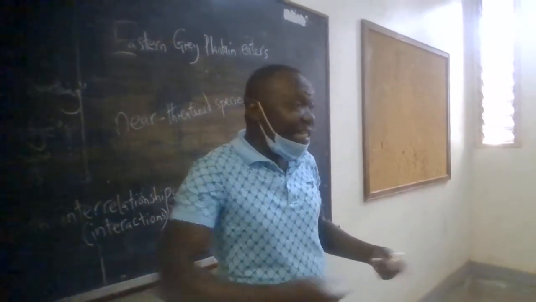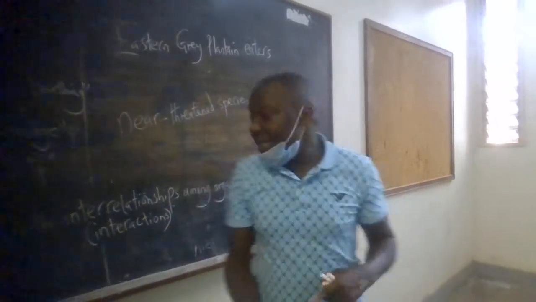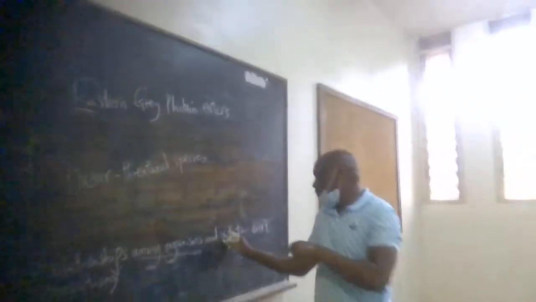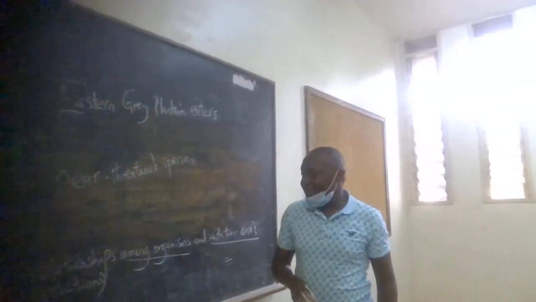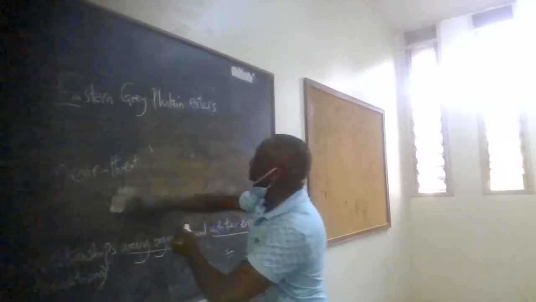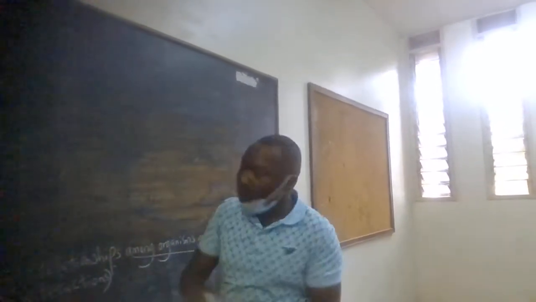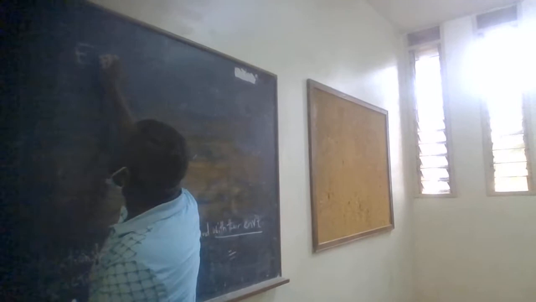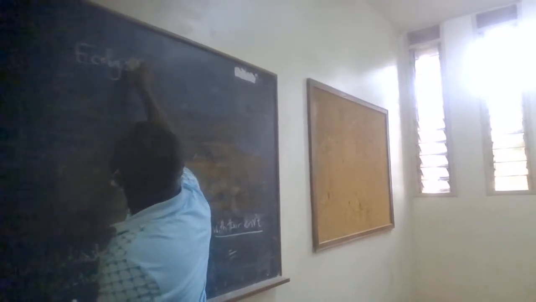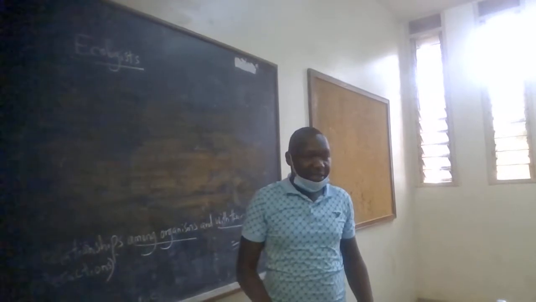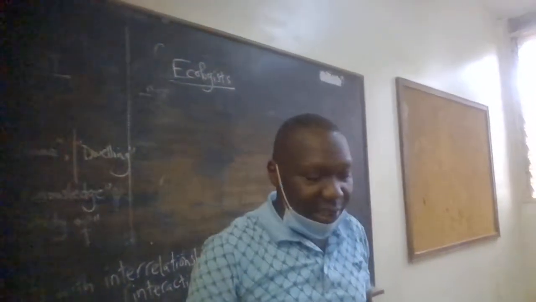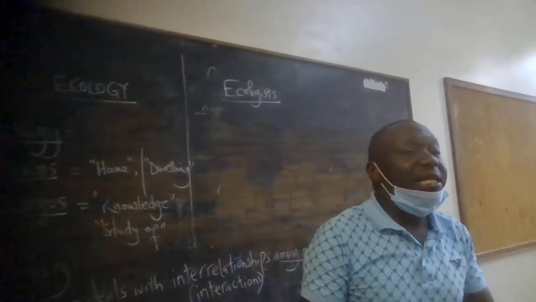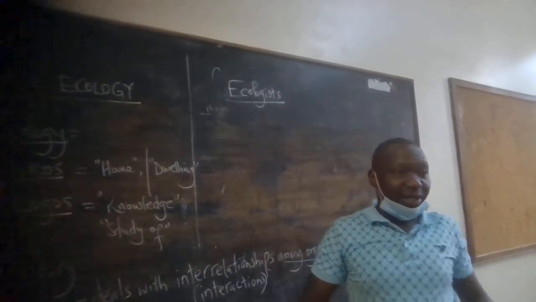Water which is not living. So that is why we say interactions among organisms themselves and with their what? With their environment. And this introduces us to a broad word, which is called environment. But before environment, the scientists who study ecology are called what? Ecologists. An ecologist specializes in ecological studies and ecological research. Ecological what?